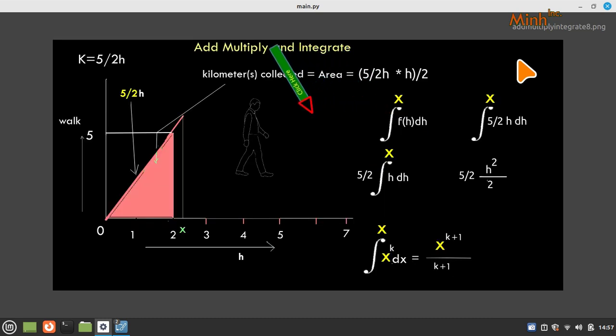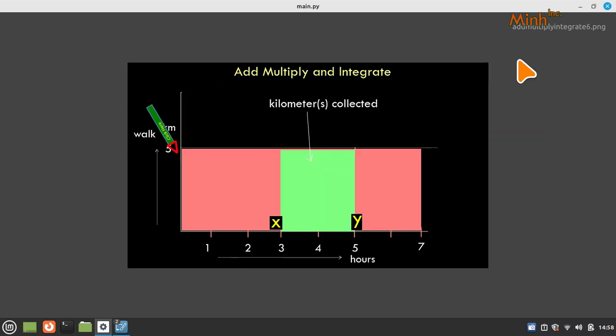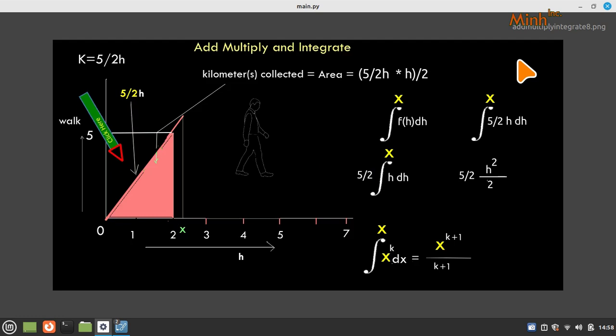Now we'll see another form. The basic form we saw is that if it is a constant, if the speed is constant, then it is a rectangle. Now the speed is varying.